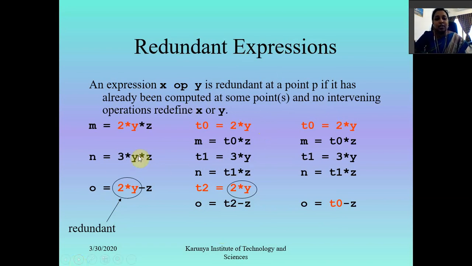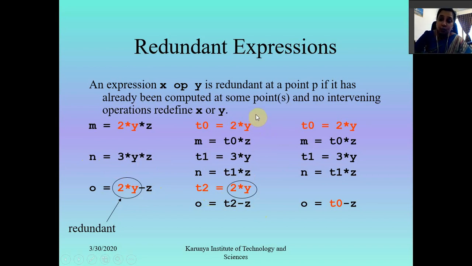So if you see here, you have m is equal to a value which says t0 is equal to 2 star I, m is equal to t0 star z, and then t1 will be 3 star y and t1 star z, and here it is 2 star y and t2 minus z. So in between t0 and t2, we haven't changed the value of y.